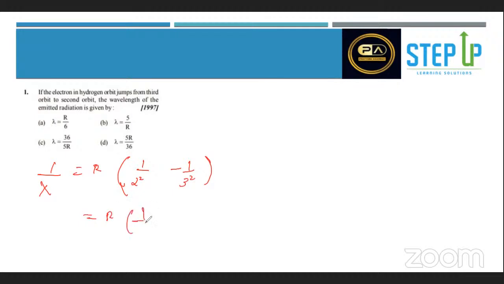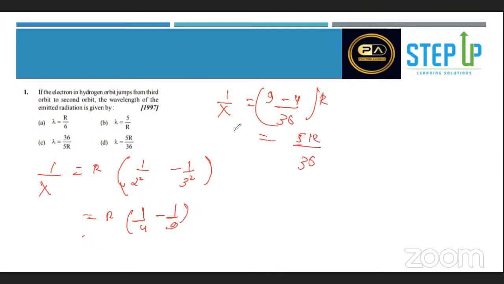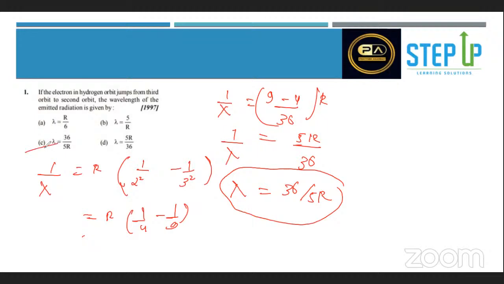So it should be 1 by 4 minus 1 by 9. So 1 by lambda is equal to R times (9 minus 4) by 36, which is 5R by 36. So lambda will be equal to 36 upon 5R. So option C.